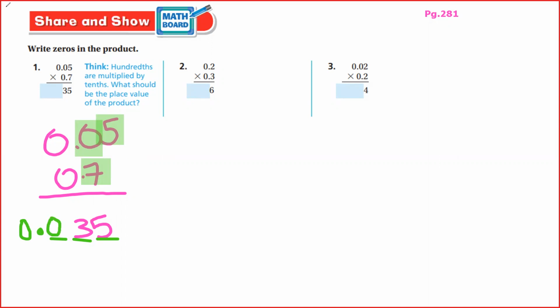Think now. Hundredths are multiplied by tenths. What should be the place value of the product? Alana?